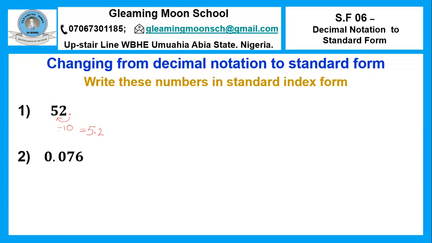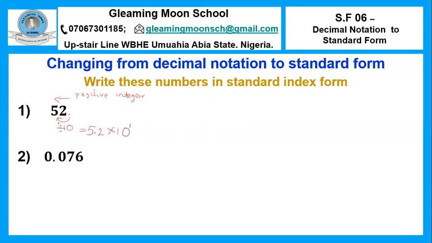Now remember we have moved our decimal point backwards because we have divided. So that means because our decimal point is moving backwards, we are going to have a positive integer, or a positive power. Okay, so with that, we have 5.2 times 10 raised to the power of 1. Okay, so we have divided it by 10 once.